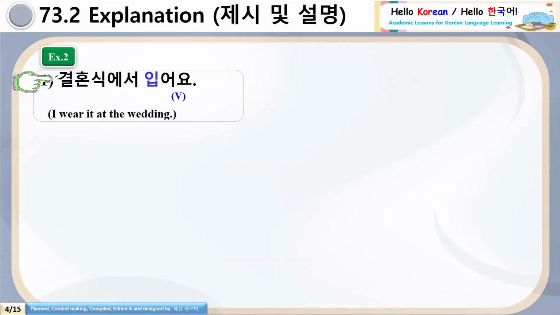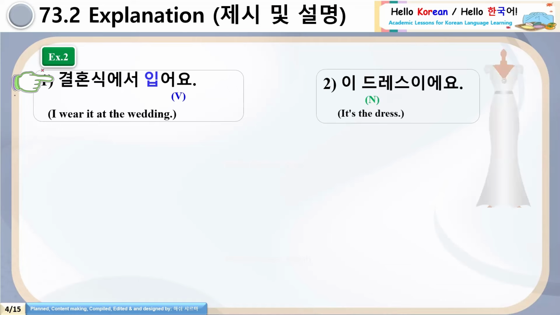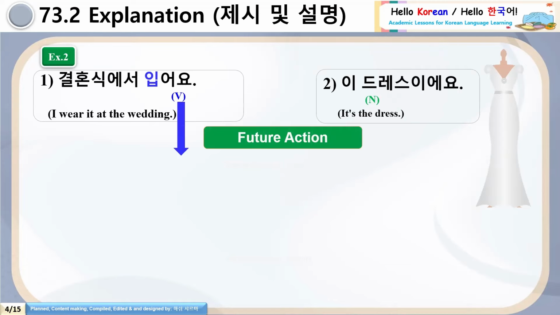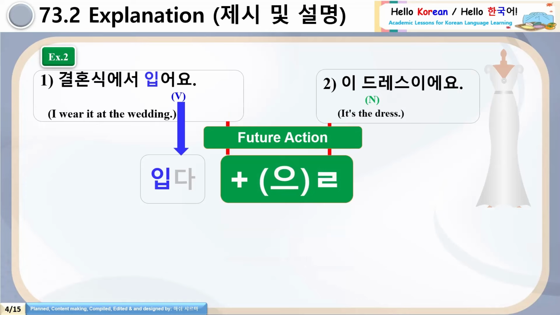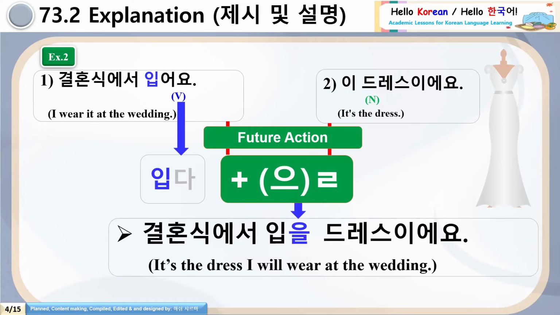Now see the second example here. Kyoronshi keso iboyo, and dressieo. And you want to say it's the dress which I will wear at the wedding. So how to make this sentence in Korean? See here. You have to select the action verb ipta, use the grammar -ul, and the sentence will be Kyoronshi keso ibal dressieo.